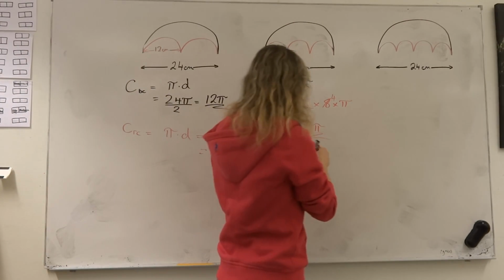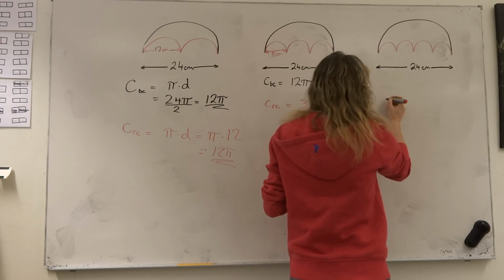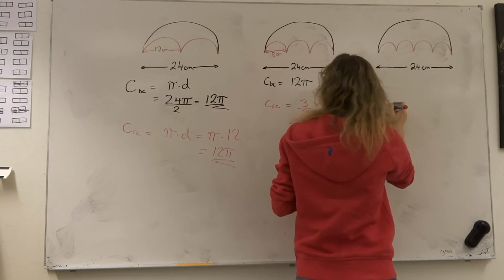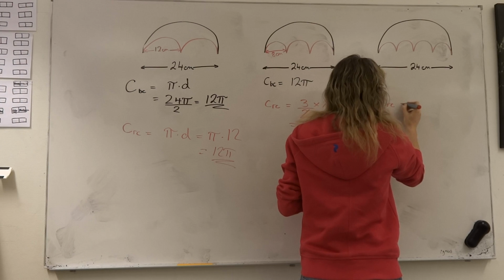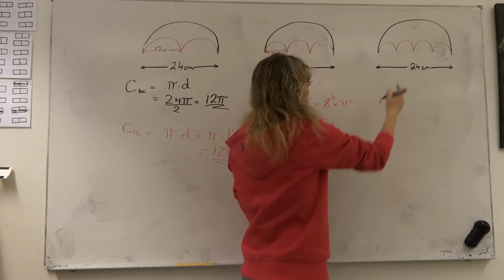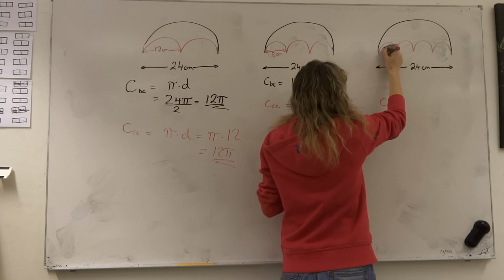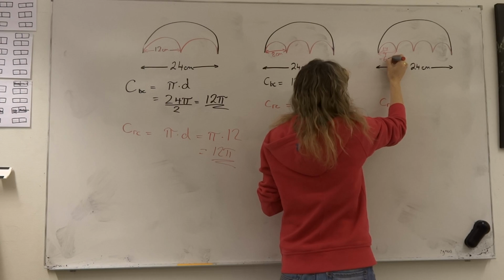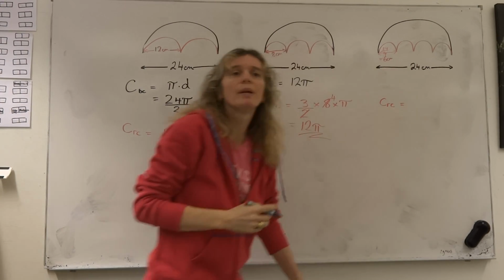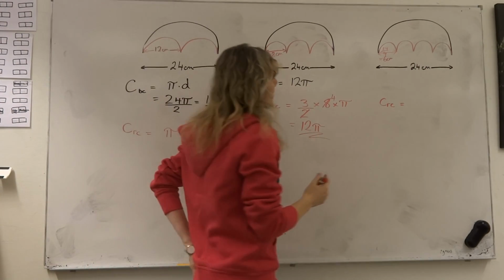So let's have a look now at the red circle again. The circumference of the red circle will be, first we need to know what the diameter of each of the circles is. It's going to be 24, we have 4 of them, divided by 4. It's going to be 6 centimeters. So we now know that we have a diameter of 6 centimeters.